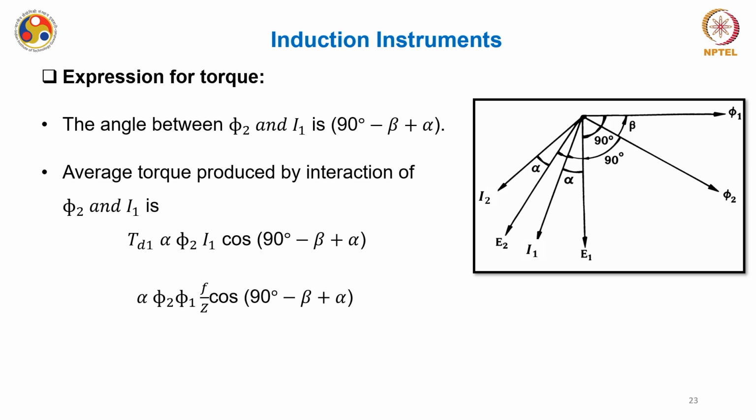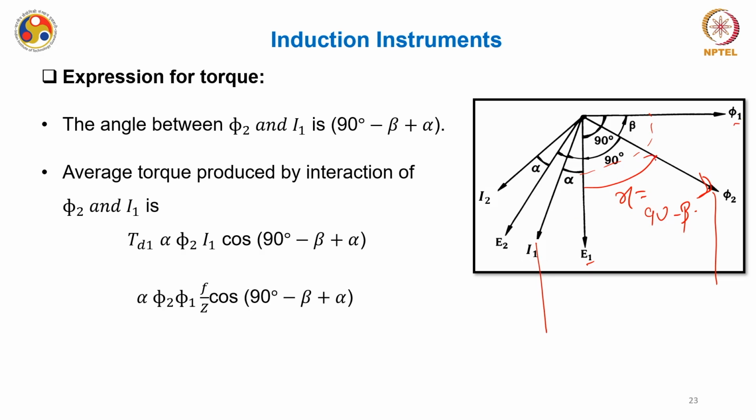The angle between phi 2 and I1 can be written as 90 minus beta plus alpha. Let us see. This is phi 2, and I am calling this angle x. If I want to find x, it is basically 90 minus beta, because I know that E1 and phi 1 are apart by 90 degree.